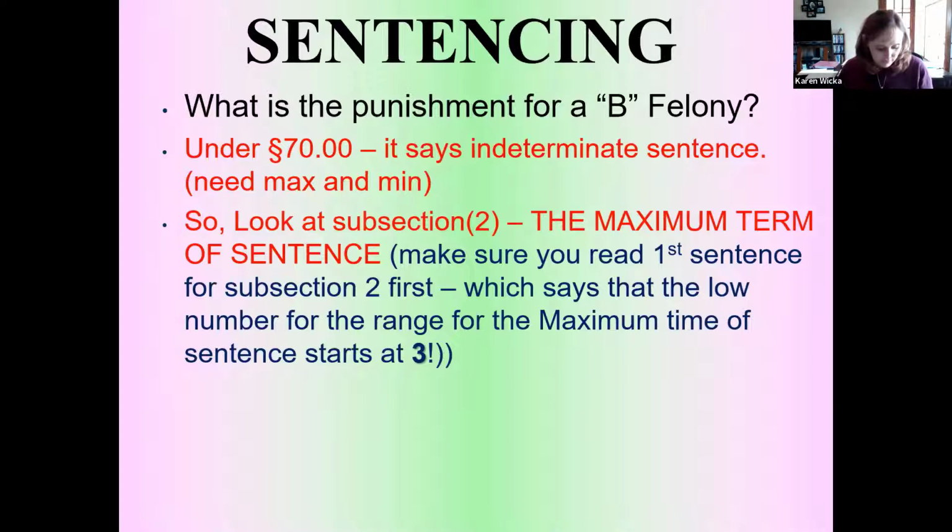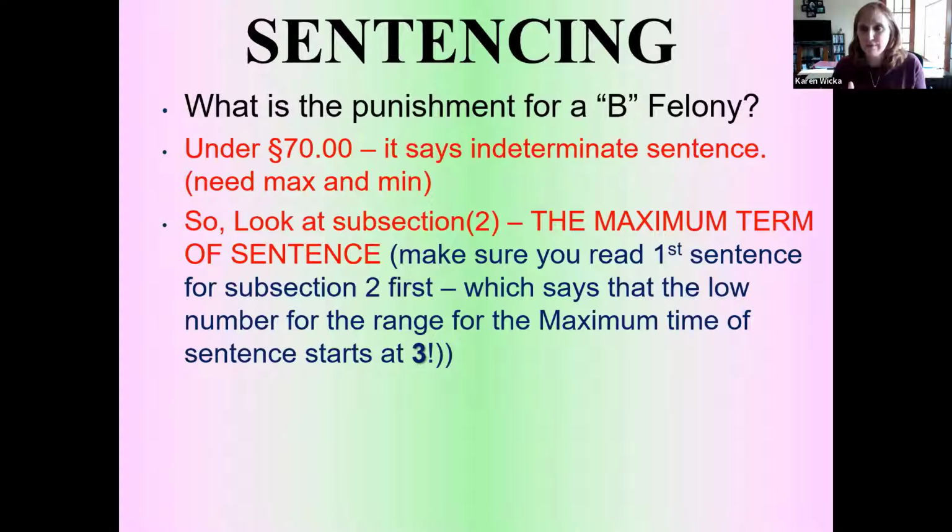The maximum term of an indeterminate sentence should be at least 3 years. So I underline 3 years. So you always remember when you are doing your maximum range, you're always going to start with 3. Okay. So that is your first number of your maximum range.